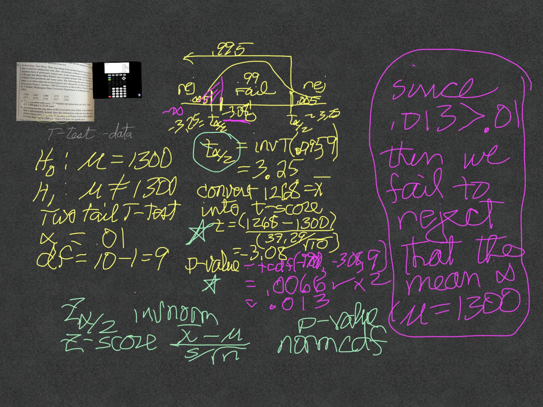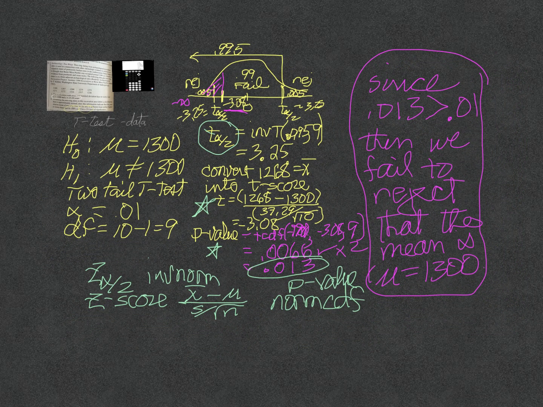And so if you found the p-value, then the norm CDF would give you the correct probability. And then always remember, you have to multiply that probability by 2 if it's a two-tailed test. All right? So that takes us to the proportion tests.